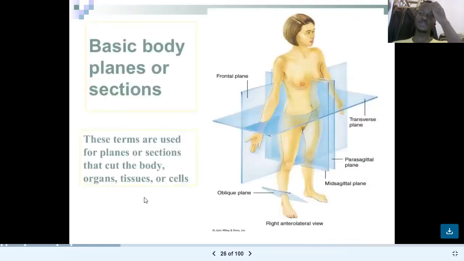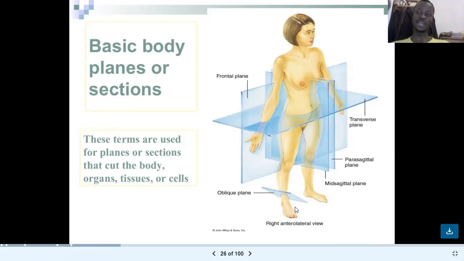Then the planes of the body. You can dissect the body in a median sagittal plane, which is this one. You can use the transverse plane, which is this one. Or you can use the frontal plane, which we can also refer to as the coronal plane. Then, of course, there is a minor one, which is the oblique plane, not very important.